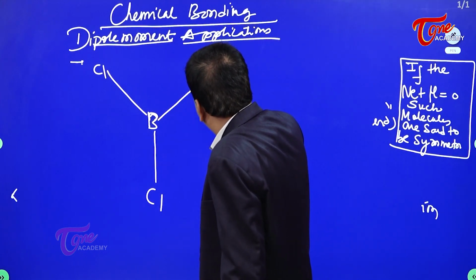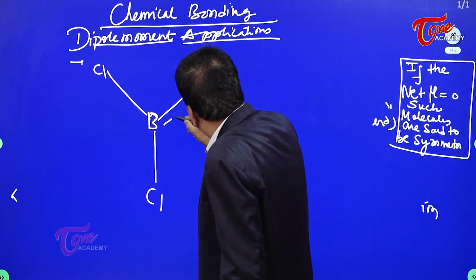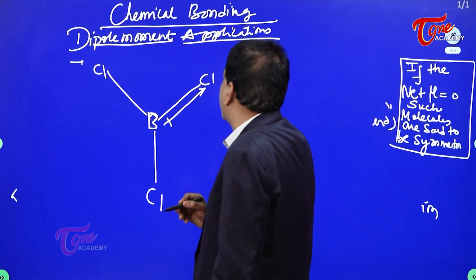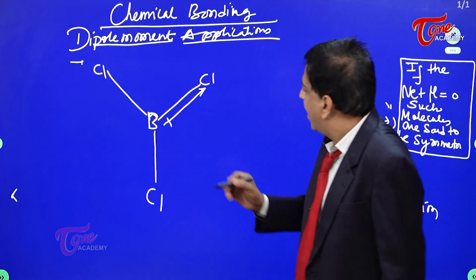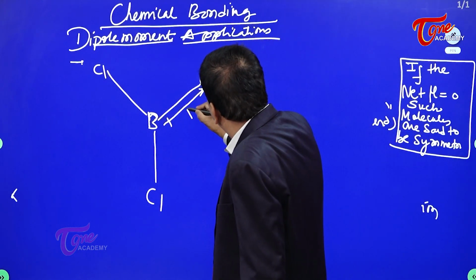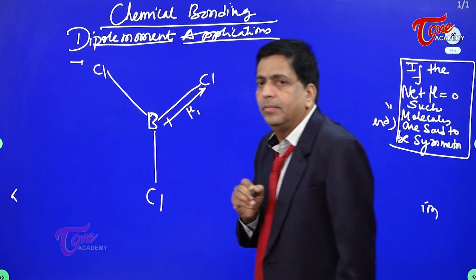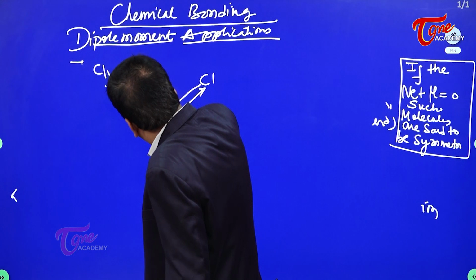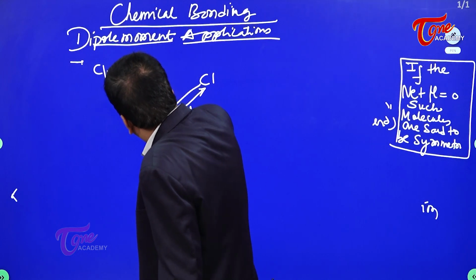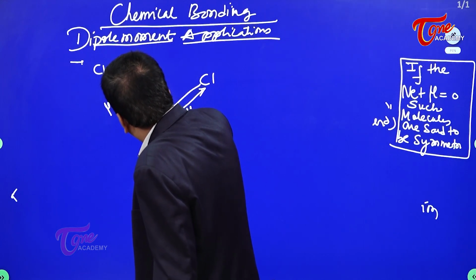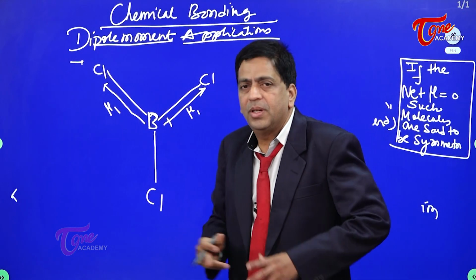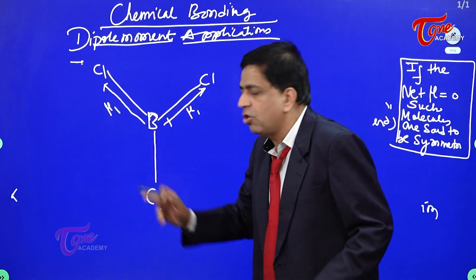Now this will be shifted here. So if I can draw the vector, that is the dipole moment. If I call this the dipole moment to be mu1, and this is also mu1, because the bonds are same. So you have 2 vectors.